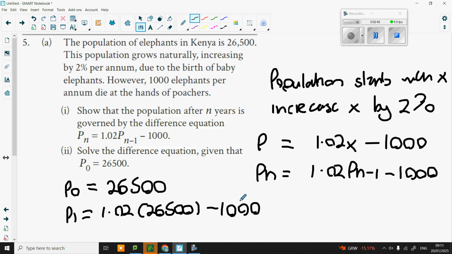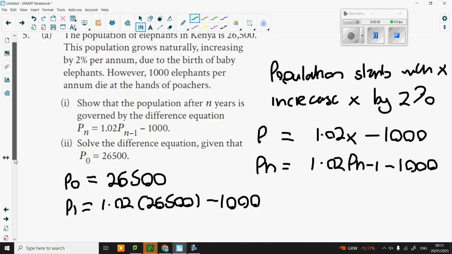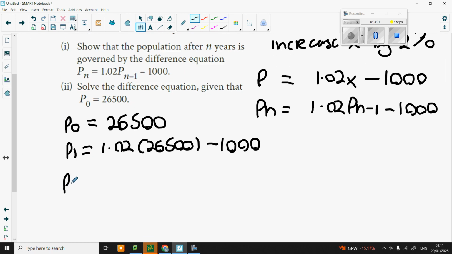Now, you might think I'll multiply this out and figure it out. But with all these questions in exercise 8C, don't do that. Just do the next one. So what's P2, guys? P2 is 1.02 P1 take away 1,000. Agree with that?